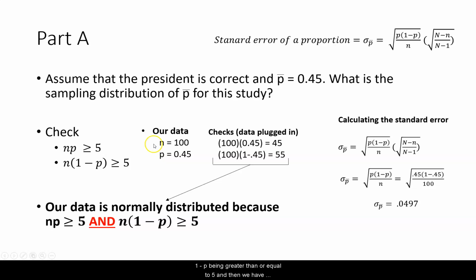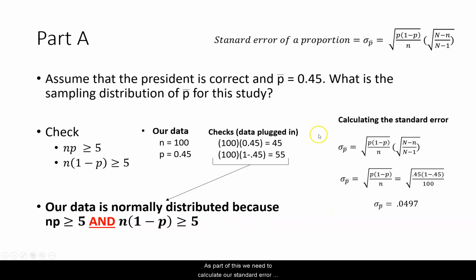And then we have our data, our n and our p. So to check, we plug in our terms, so we get 100 times 0.45, which is equal to 45, and 100 times 1 minus 0.45, which is equal to 55. Because both of these are greater than 5, we know that our data is normally distributed.